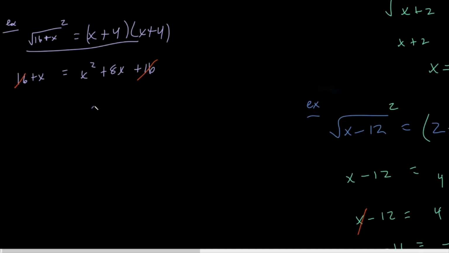And so I get x squared plus 7x equals 0. How do I solve this for x? Well, it's actually a quadratic, right? And helpfully so, or unhelpfully so, there's no third term. But this is fine. We can factor out an x. So I get two possibilities for x. X can be -7 or 0.